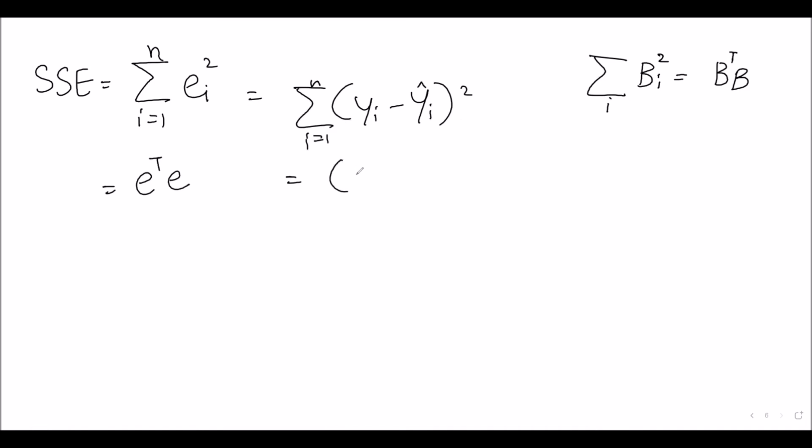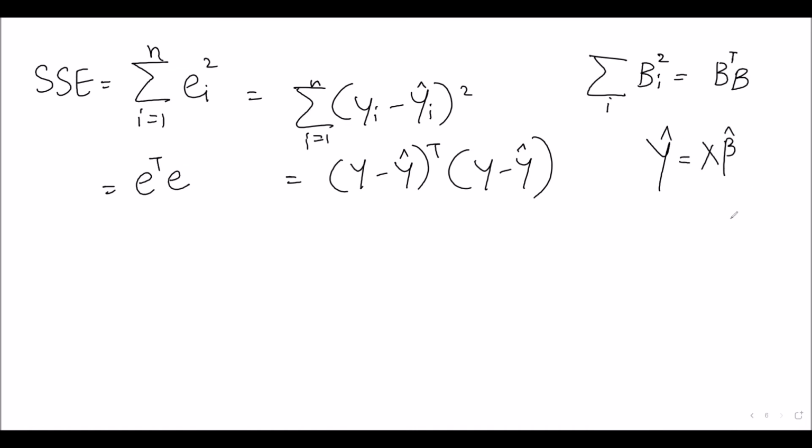Same thing as this. You have y minus y hat transpose y minus y hat. Something transpose the same thing. So this is this, right? You can either go this way or this way. However it is, you know what y hat is. We discussed that.